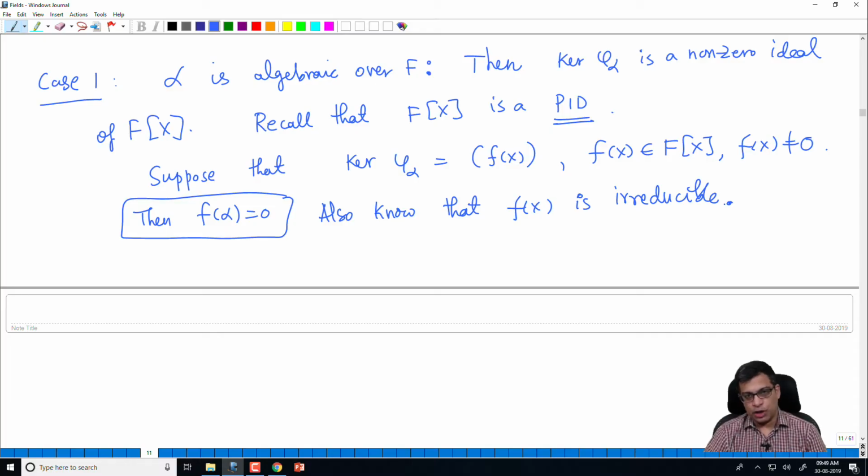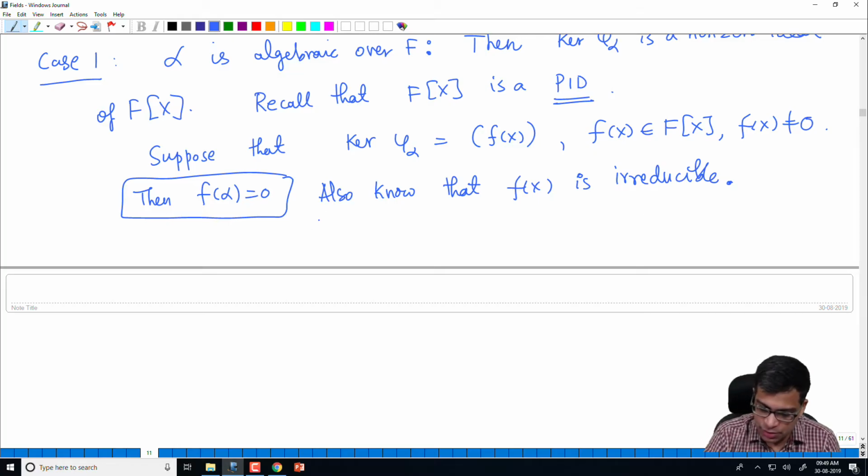So if this polynomial f(x) is not irreducible, it has two factors g and h, but one of them must have alpha as a root, because f(alpha) is 0, so g(alpha) times h(alpha) is 0. But if f is equal to gh, and it's a proper factorization, neither can be written as a multiple of f. So it must be irreducible. Remember that.